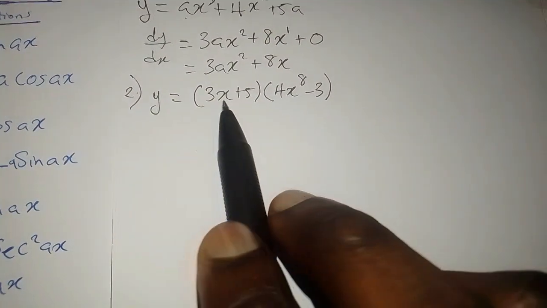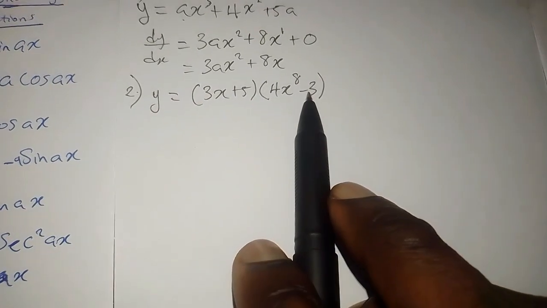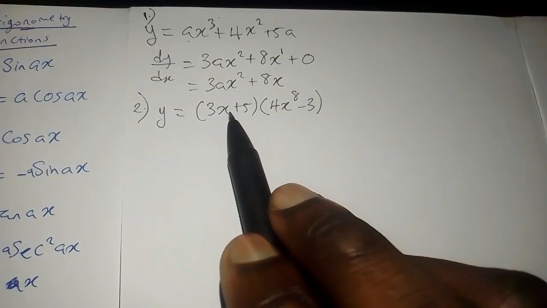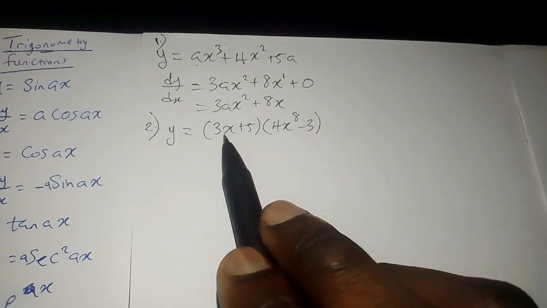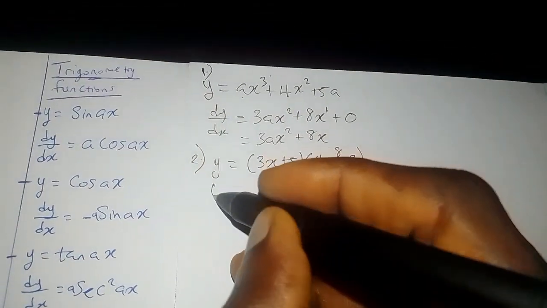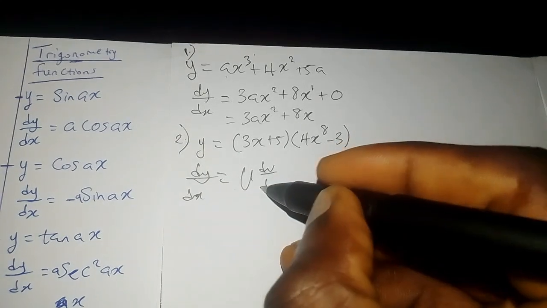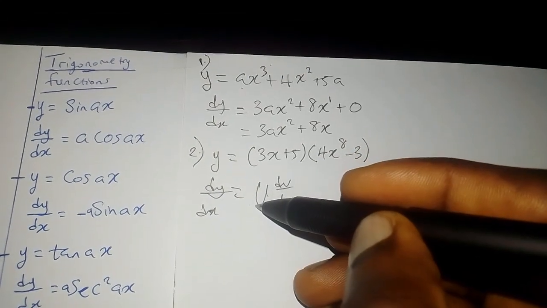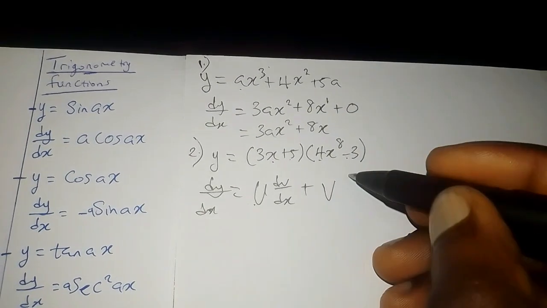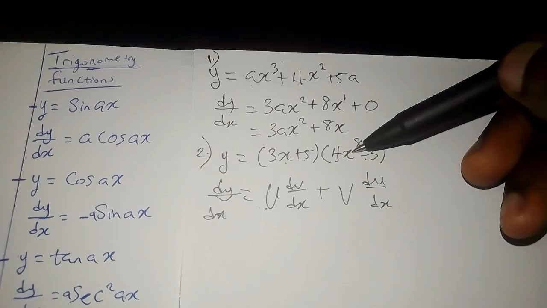Now differentiate the second one, and use it to multiply the first one. That's dy/dx equals u dv/dx plus v du/dx. I will keep u, differentiate v and multiply, plus keep v, differentiate u and multiply.